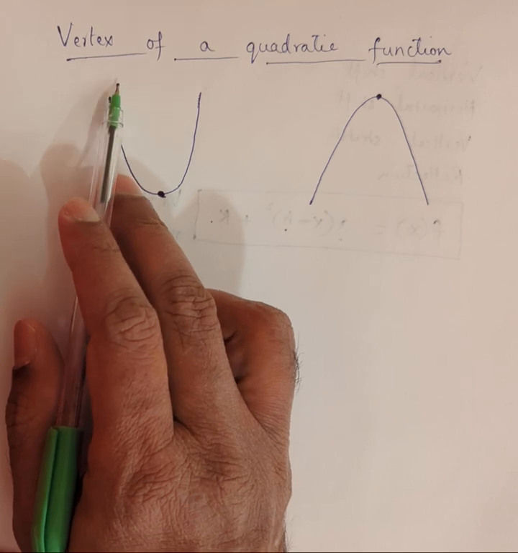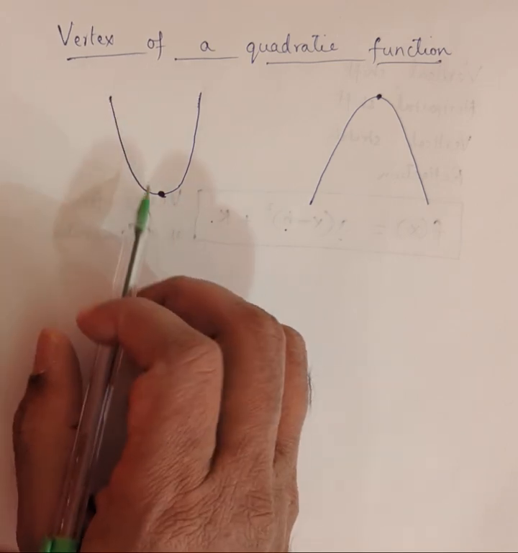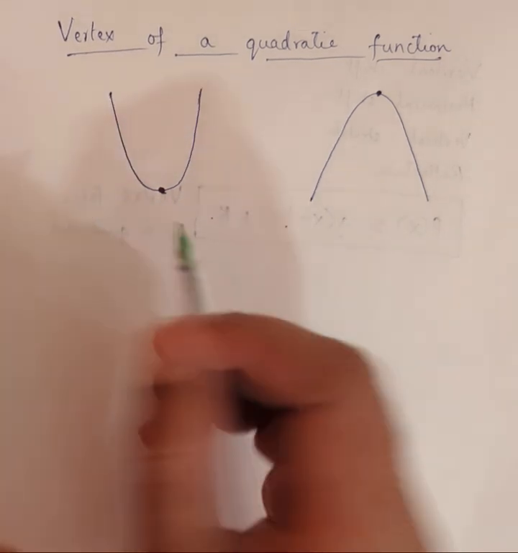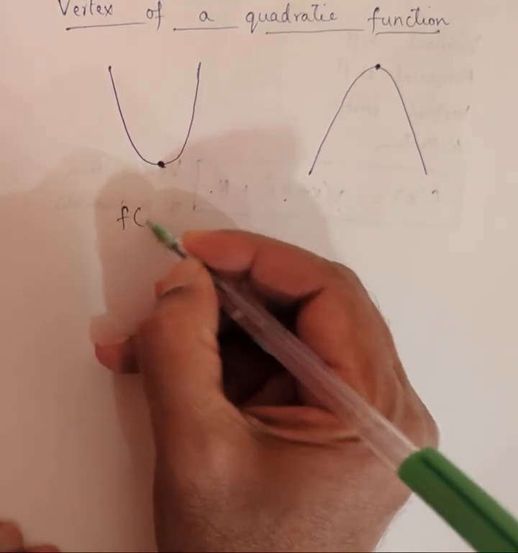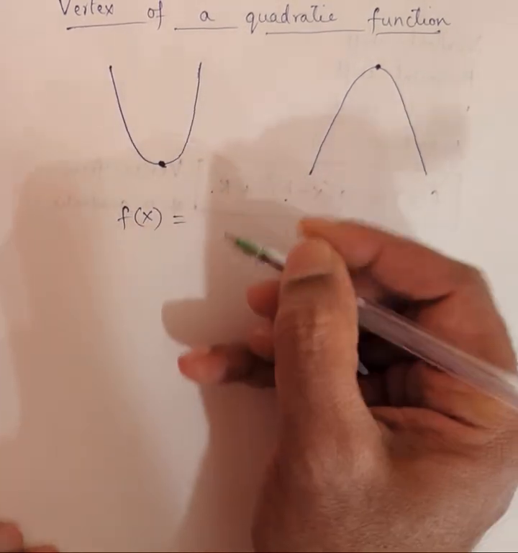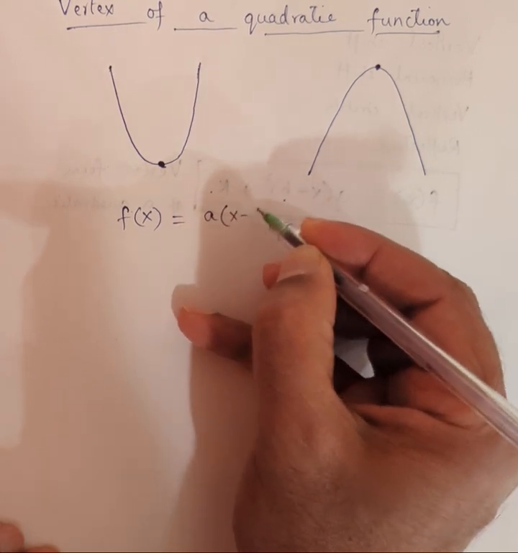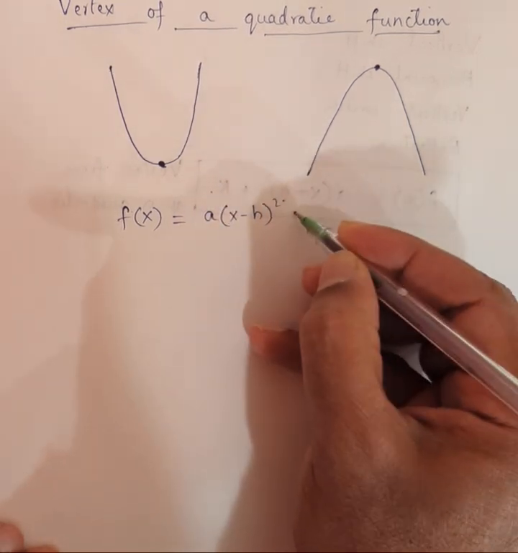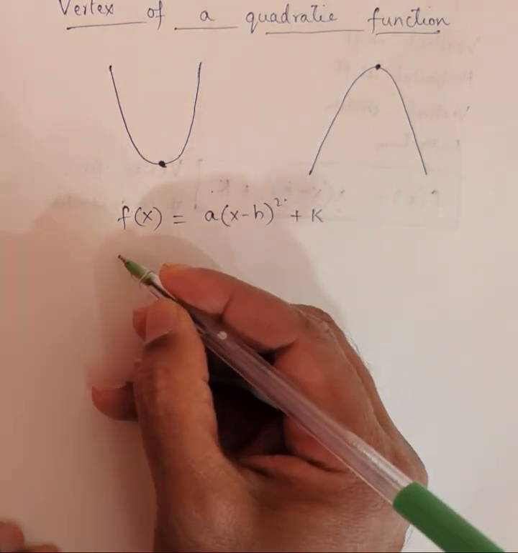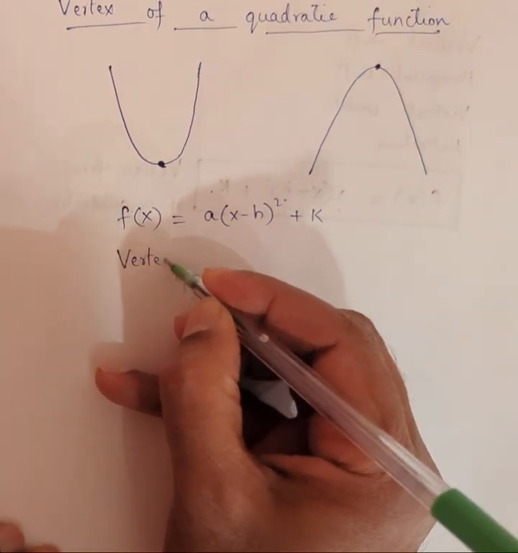Then it may be important to find out the coordinates of the vertex. If the quadratic function is given in the vertex form, in an earlier video we saw that this is called the vertex form because it's easy to tell what the vertex is.